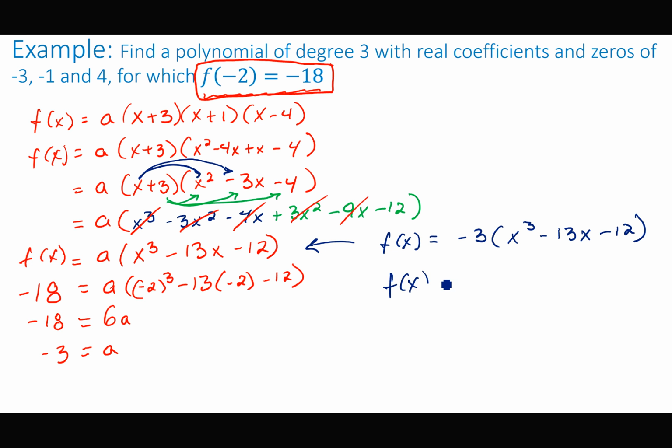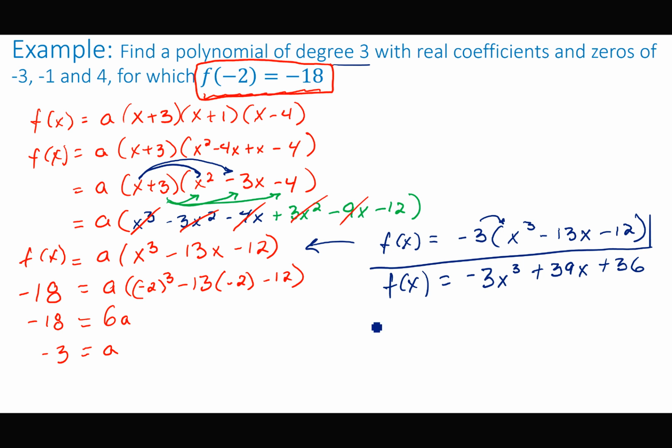Last step, because I want a polynomial with real coefficients of degree 3. If I multiply this into each term, I'd have negative 3x cubed plus 39x plus 36. And that is my final answer.